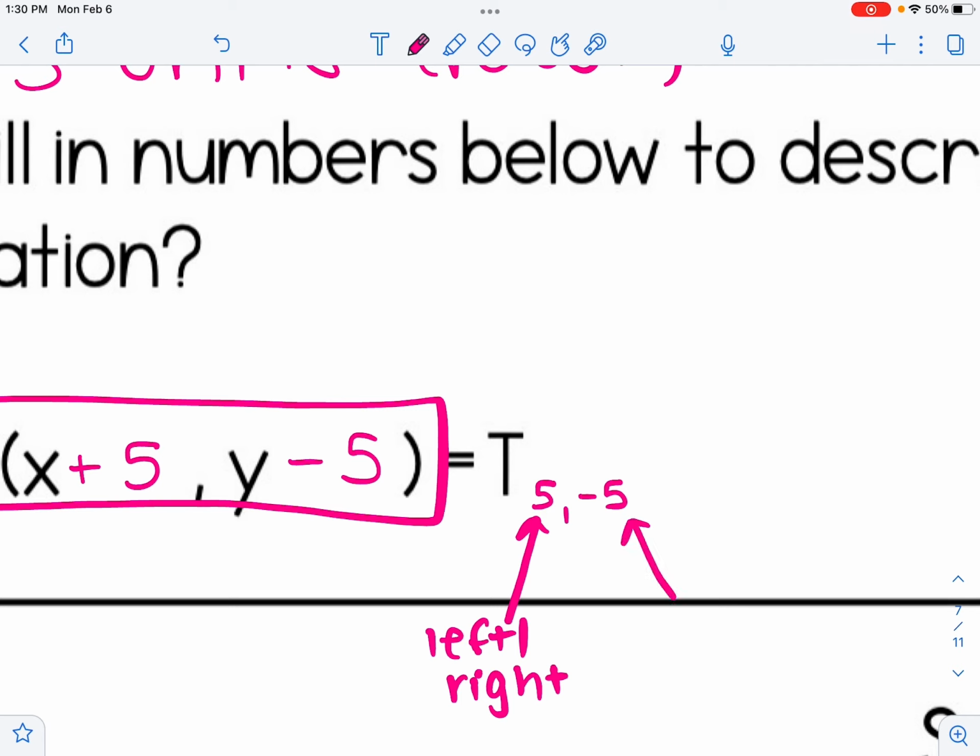And the second number tells you, did the pre-image get translated down or up? Left and down would be indicated by negative numbers. If you think about a coordinate plane, the negative values are to the left and downward. And right and up would be indicated by positive values. So in this problem, the right is positive 5, down is -5.